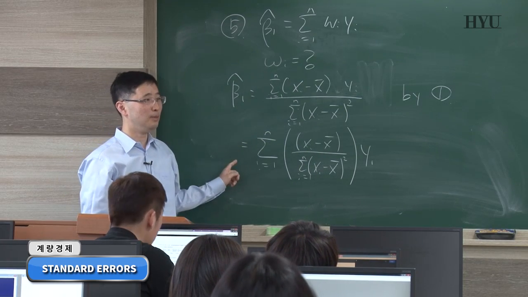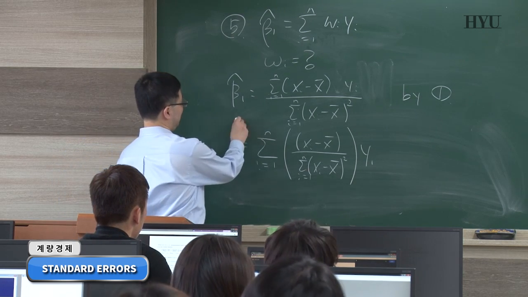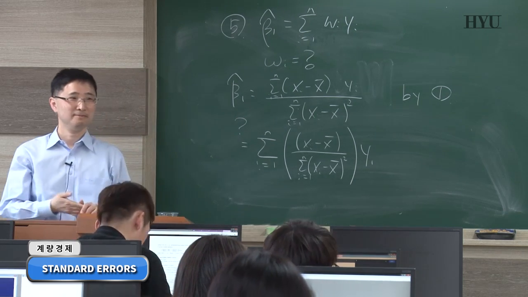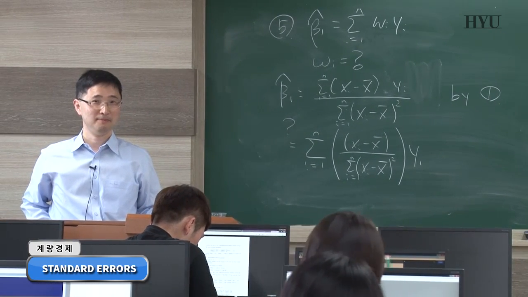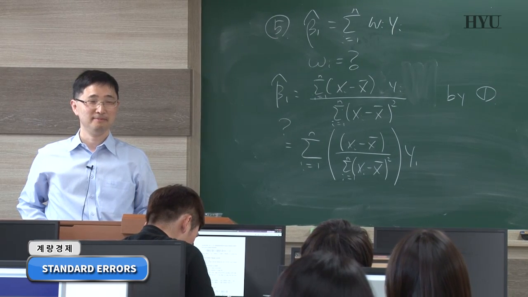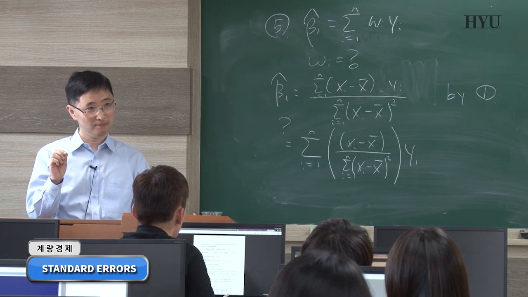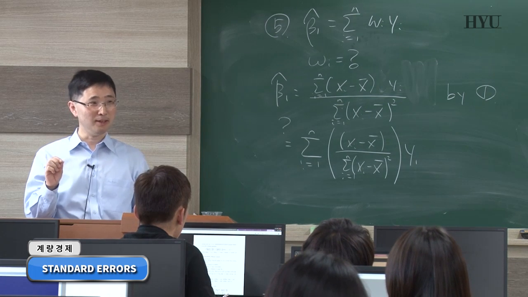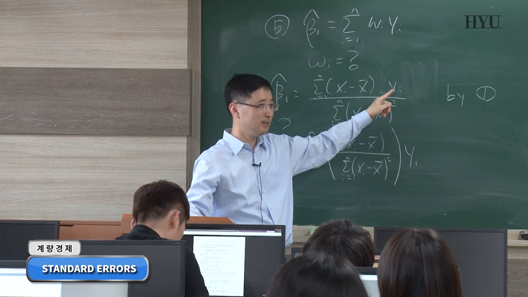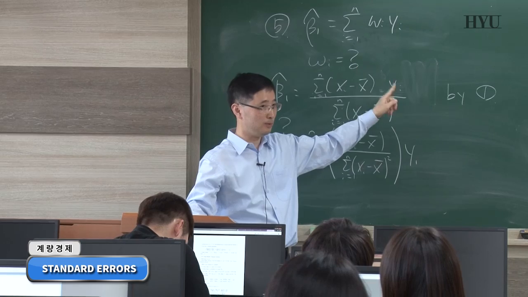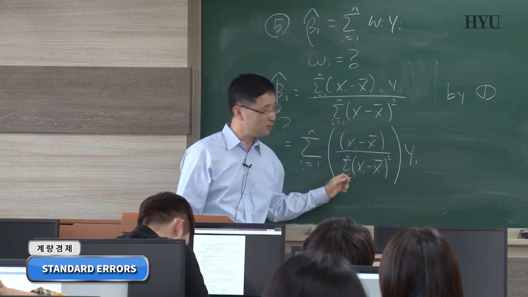Do you think that they are the same thing? What do you think? Now write down a simple case when n is equal to 2. Don't use the summation sign. Just use x1 minus x bar times y1 plus x2 minus x bar times y2. Do the same thing for the denominator and convince yourself that this is actually the case.